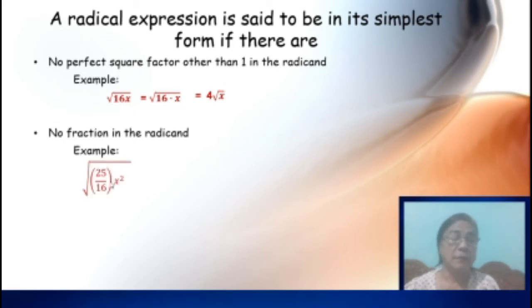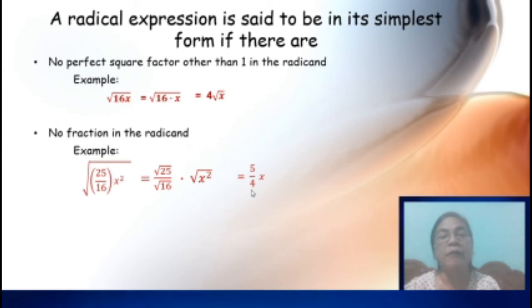Okay, next, there is no fraction in the radicand. Example, square root of 25 over 16x squared. So here, we could separate this way. Square root of 25 over square root of 16 times square root of x squared. Okay. What is square root of 25? We have there 5. What about square root of 16?